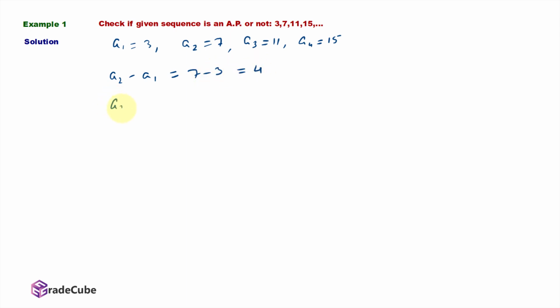Again, A3 minus A2, difference among these two terms will be 11 minus 7. It is again 4. And finally this difference, A4 minus A3, which is 15 minus 11, again 4.